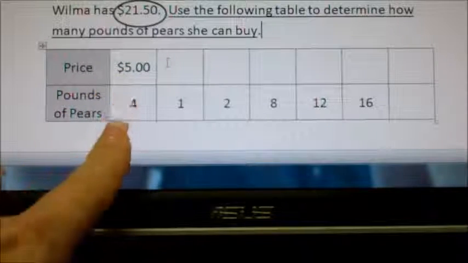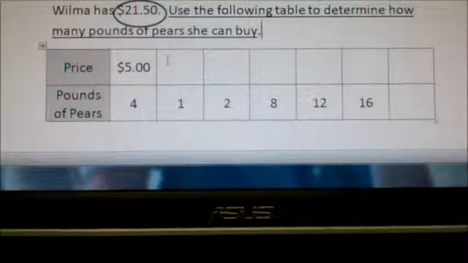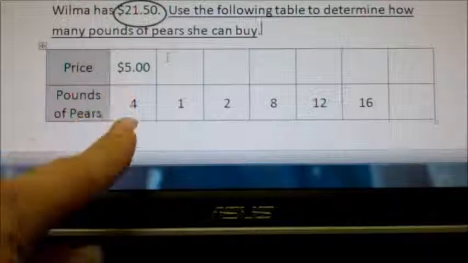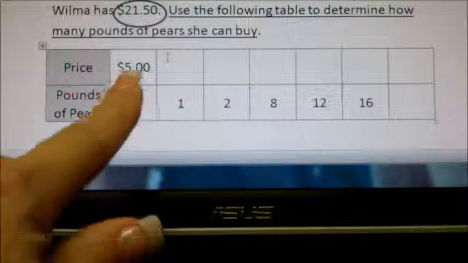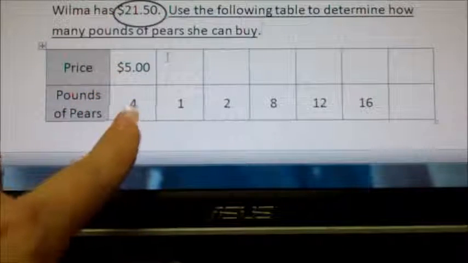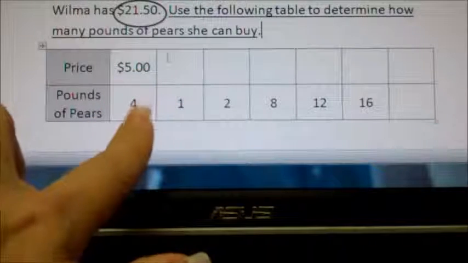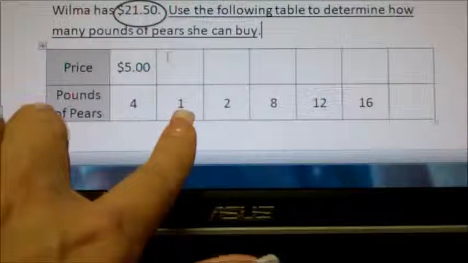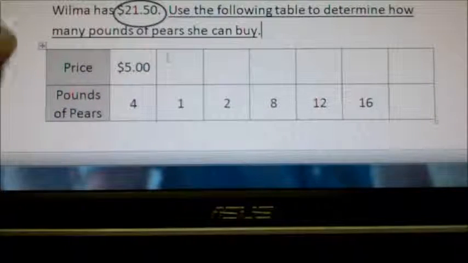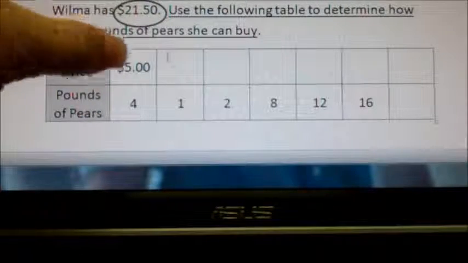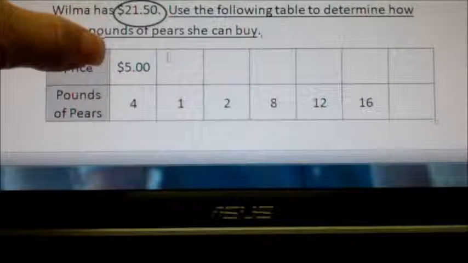Well, when I look at this chart, I'm not just reading it, I'm analyzing it. For $5, I get 4 pounds. If you were reading this very quickly, you might have said, oh, 1 pound, $5, but no, 4 pounds, $5. Well, if I know what 4 pounds is, what is 1 pound? Well, that must mean I have to break $5 into 4 parts.